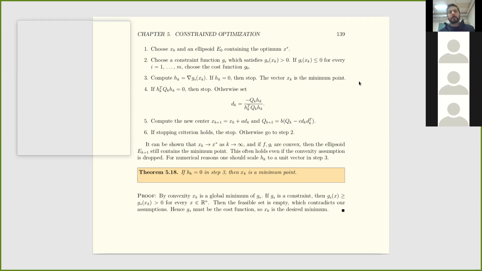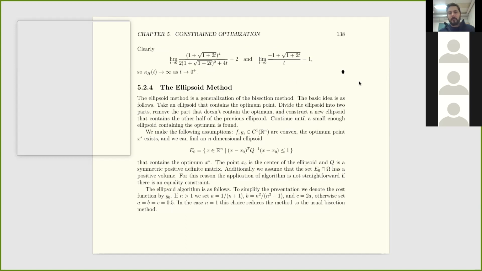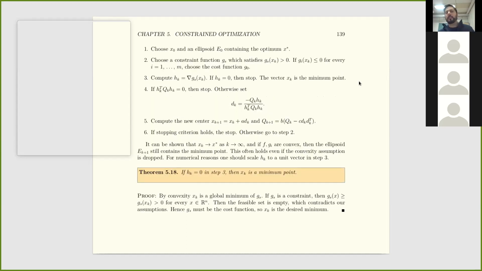Now, if there are constraint functions that are violated by a point xk, where xk is now the center of the current ellipsoid, so if the current ellipsoid's center point violates one of the conditions, then we choose that condition.